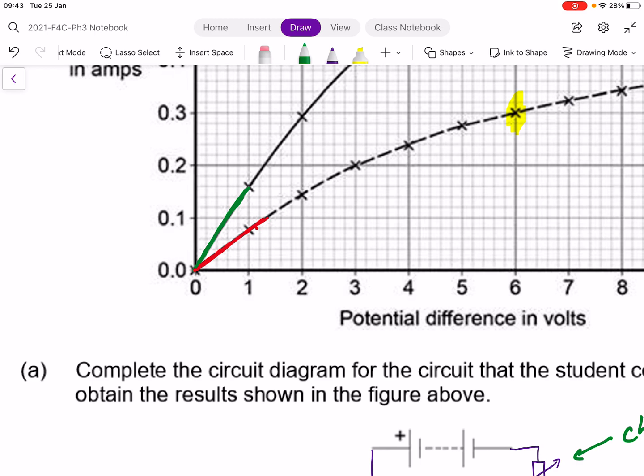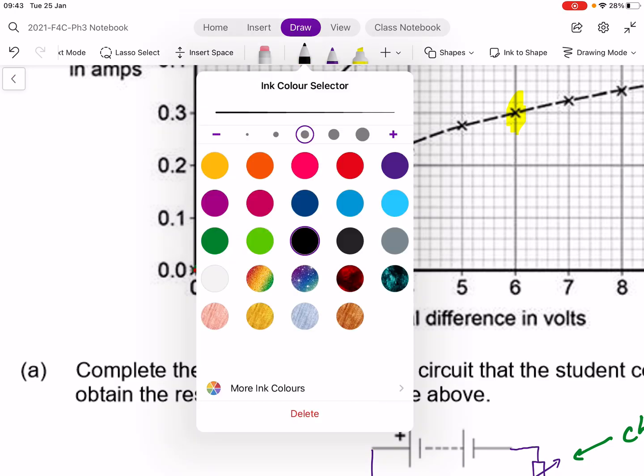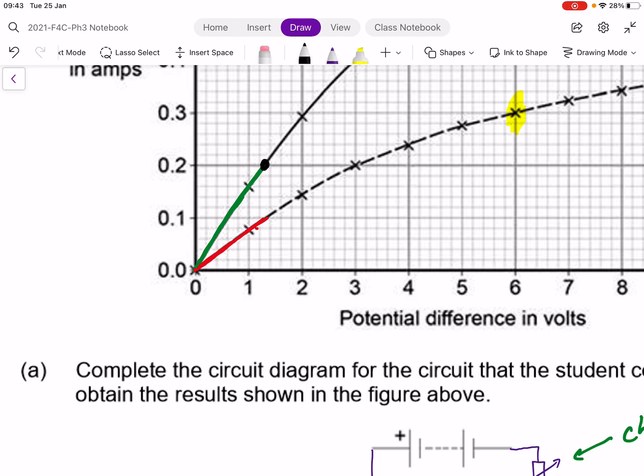Well, the green one, maybe even further. And the thing is, it's not too important, as long as you can justify your answer here. So I'm going to say from there to there and to there. And that way they're both about the same. So looking at the range, that range is from about there to about there. So that's from about 0 to 1.4 volts.